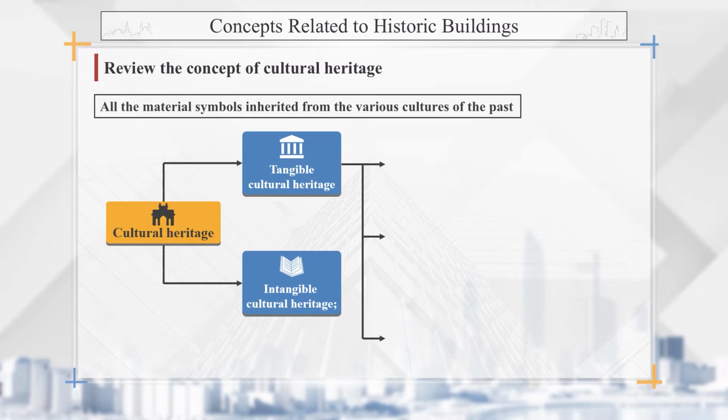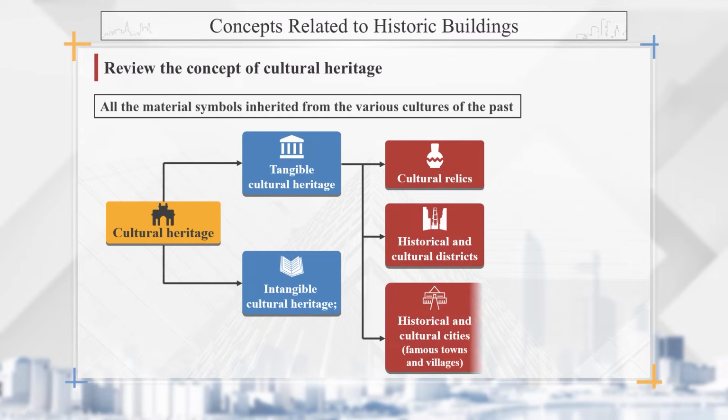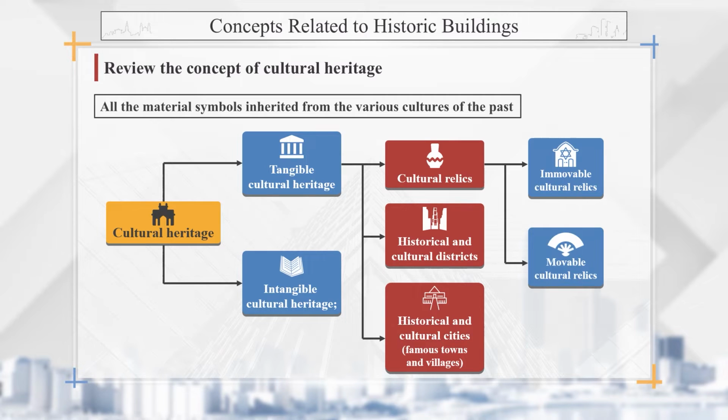The tangible cultural heritage mainly includes three levels: cultural relics with historical, artistic, and scientific values, historical and cultural districts, historical and cultural cities, famous towns and villages. Immovable cultural relics mainly refer to the cultural relics building.